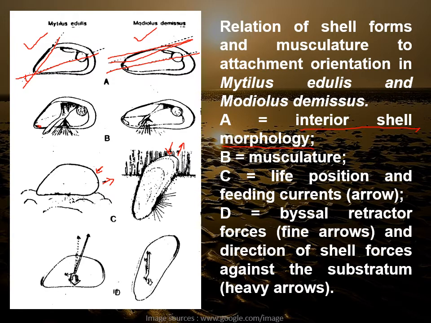As you can see by these arrows, the directions of forces by which it can maintain its balance, and the byssal threads, which emerge and sometimes retract, those force directions with respect to the orientation of the shell are also changed.